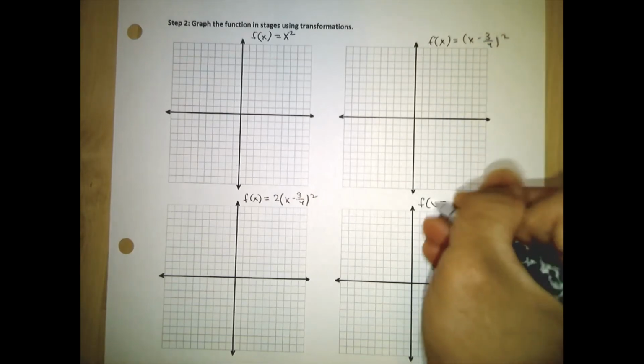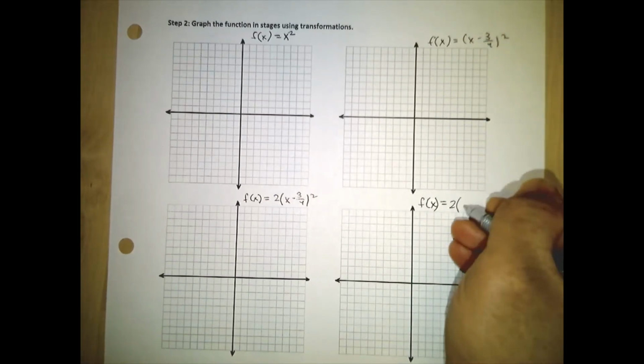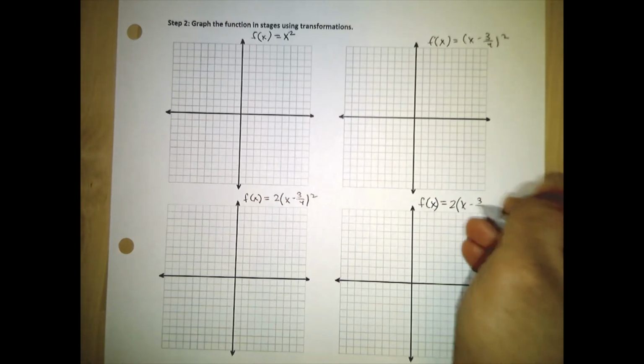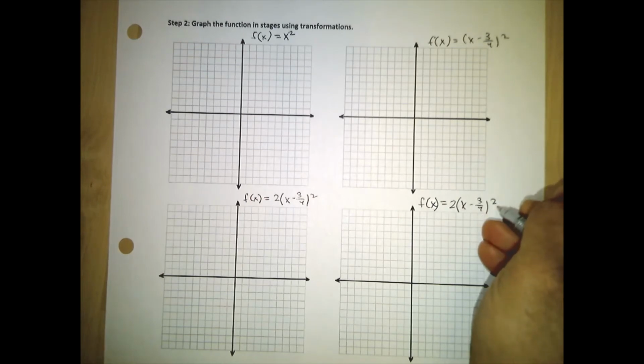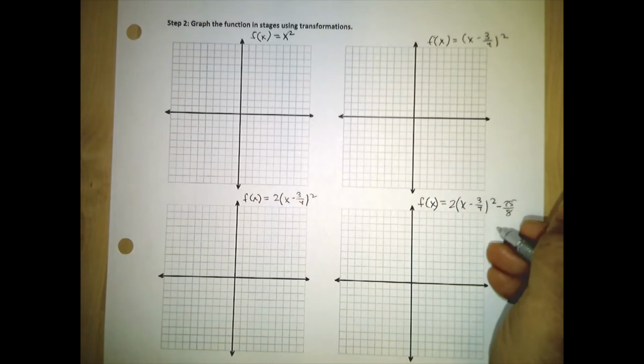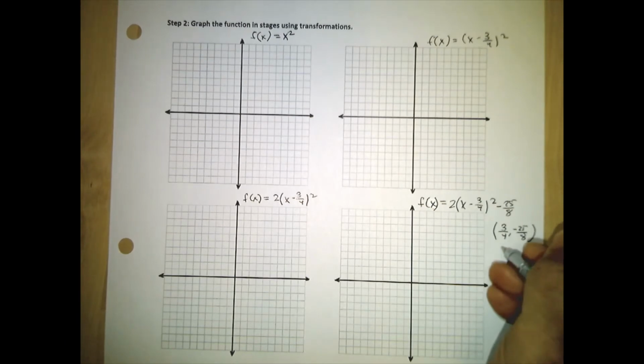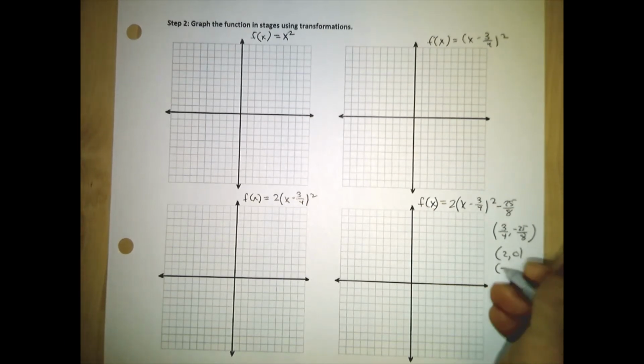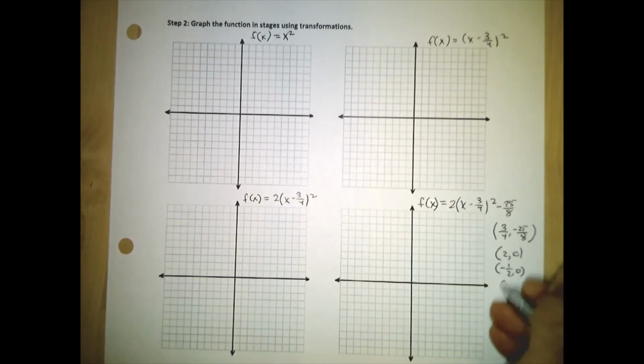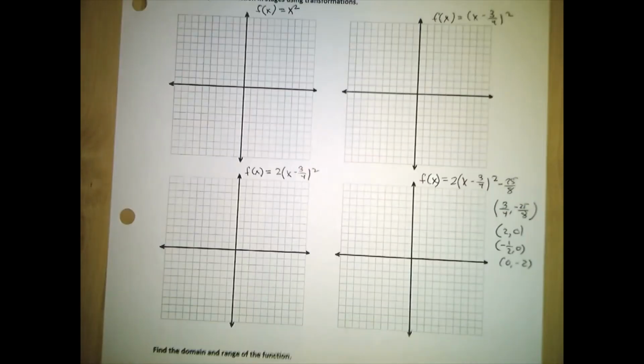So f(x) is 2 times (x - 3/4) squared minus 25/8. But remember, this had a vertex at (3/4, -25/8), and intercepts at (2, 0), (-1/2, 0), and (0, -2).